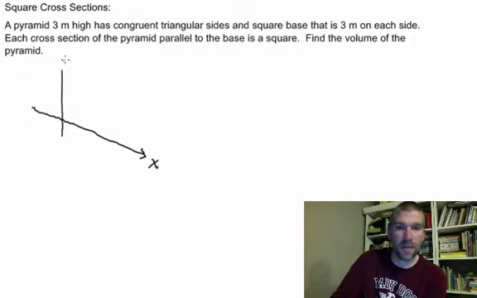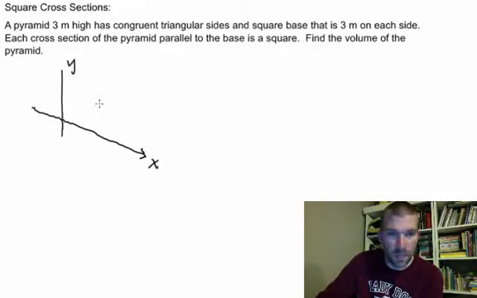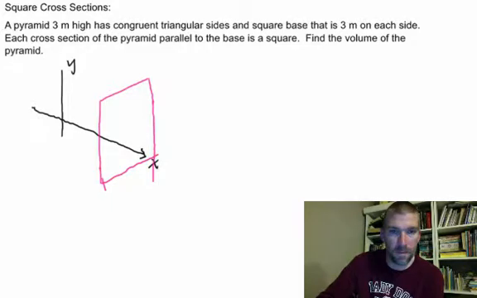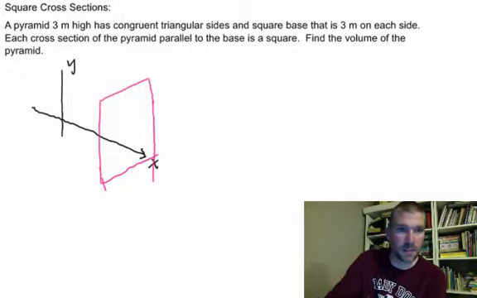So this would be the x-axis kind of coming at us. Here's the y-axis going straight up. Basically we've got this pyramid shape, and it told us it had square pieces. Let me clean this up just a little bit.